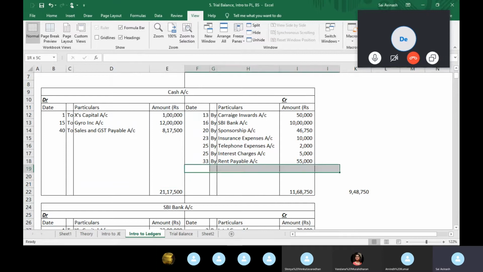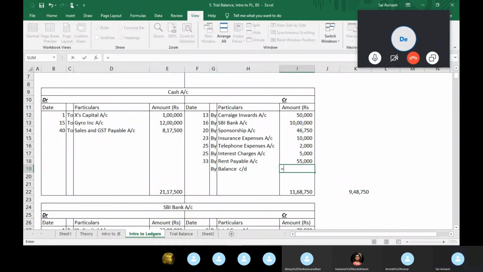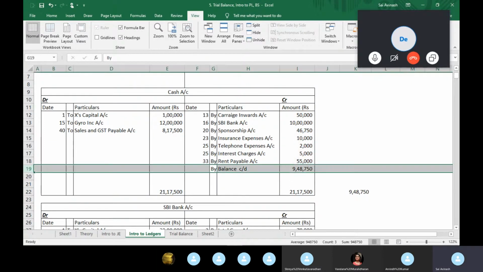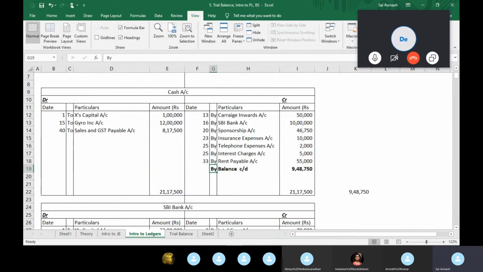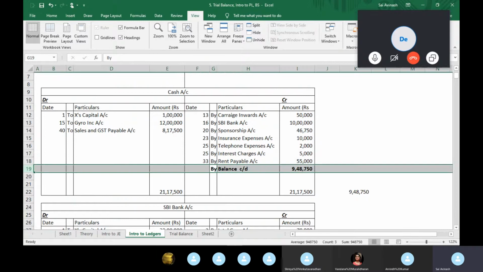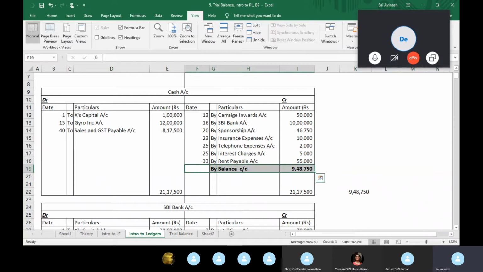So we go to the credit side, which is the side with less, and we create an entry called balance carried down, and we post the difference. This line helps us understand what the net balance is. In this case, the cash account has a net debit balance of 9.48 lakhs. We have too many debits, fewer credits, so we add a credit to balance it out.